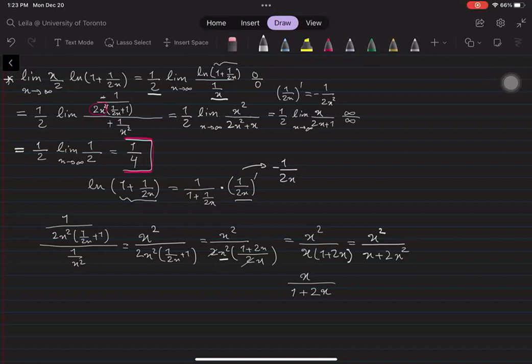Yeah, you can, but you would still get the same thing because you still have an x here in the denominator, which is going to go to your numerator.